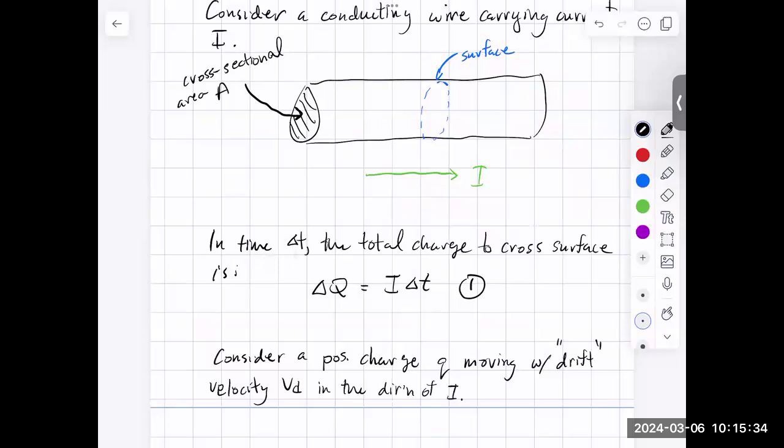Okay, so I'm going to have a charge Q here, and it's moving with some drift velocity. That drift velocity is due to the electric field inside the conductor. I haven't drawn it, but we have to imagine there's a battery connected to this wire. It creates a potential difference, which makes that electric field, which causes the flow of charge. All right, fair enough.